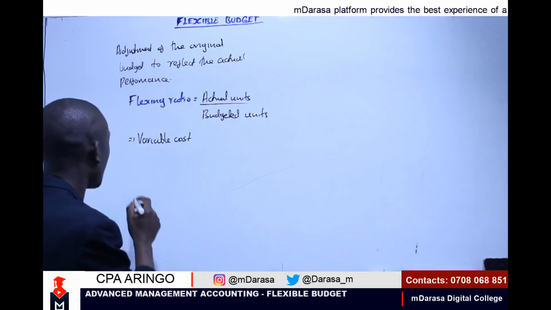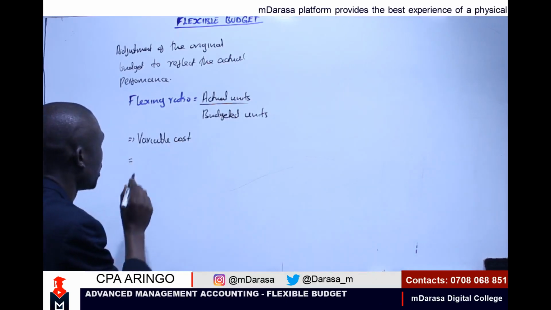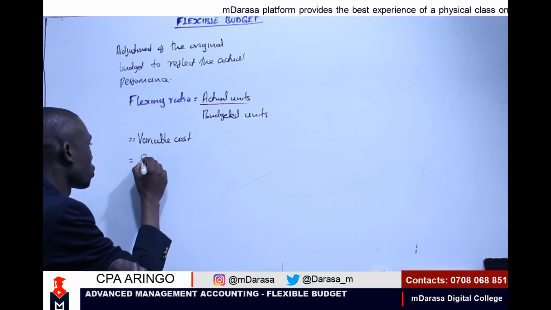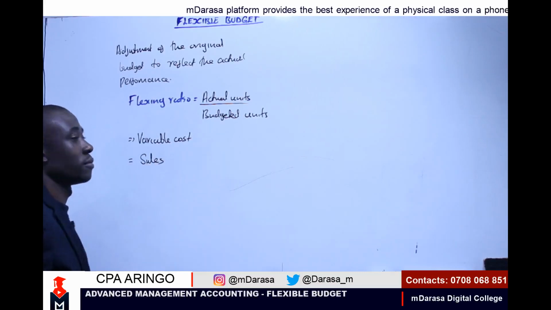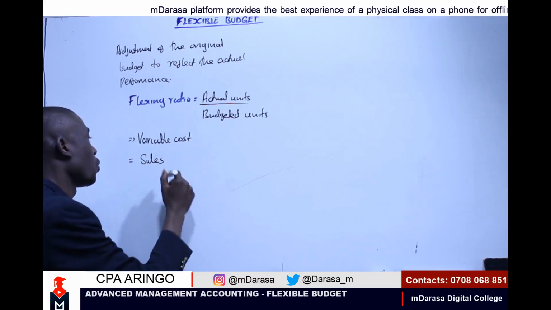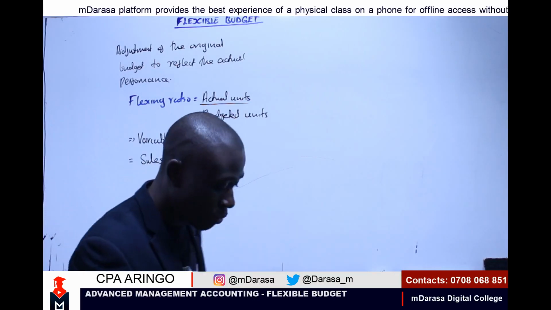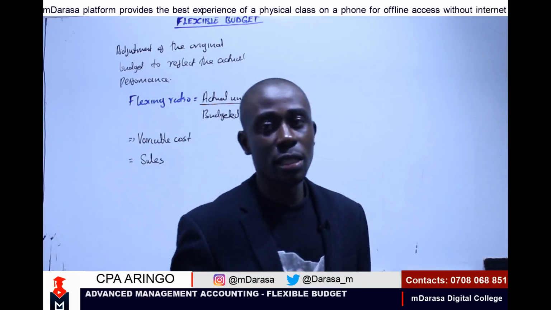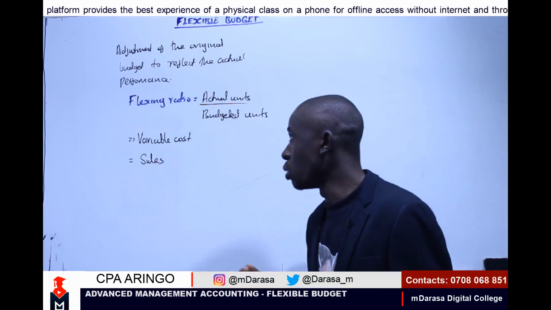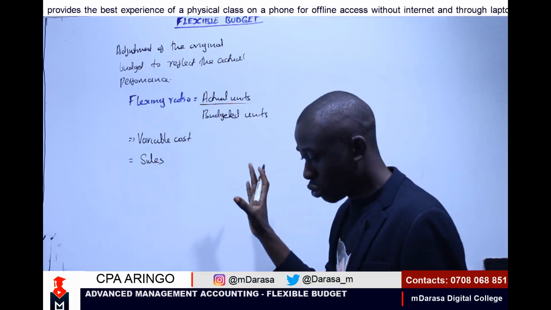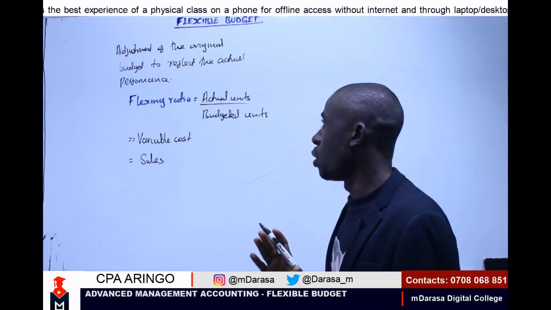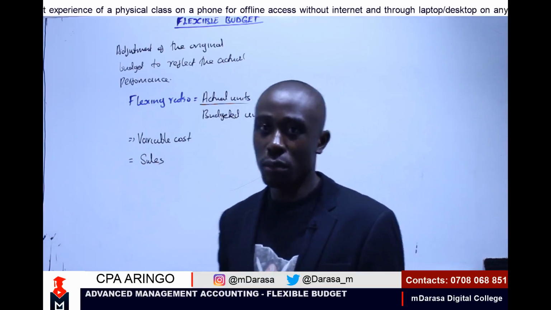Then, another element to be affected by the flexing ratio is sales, and in this case we are talking of sales in terms of value. So this is what we mentioned earlier on when we introduced flexible budget.